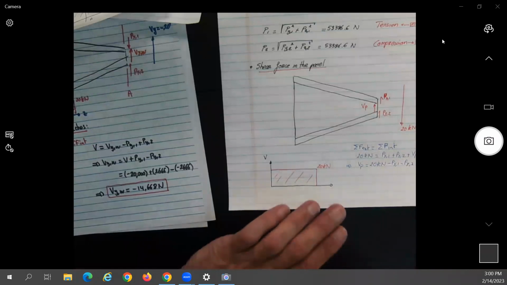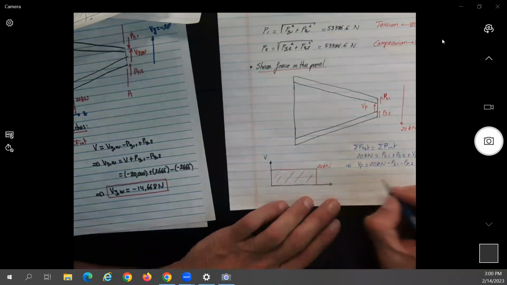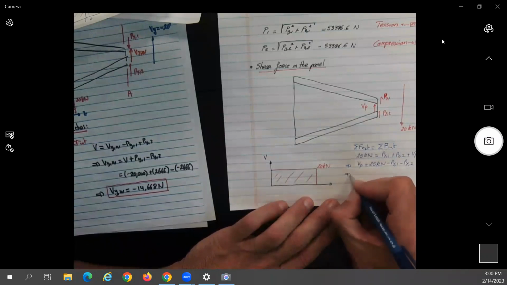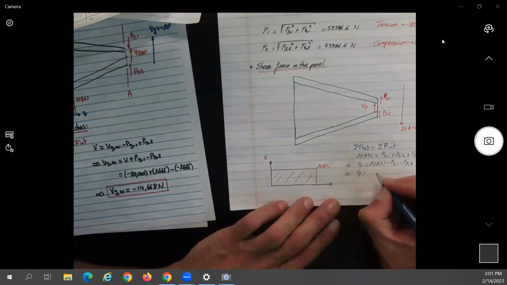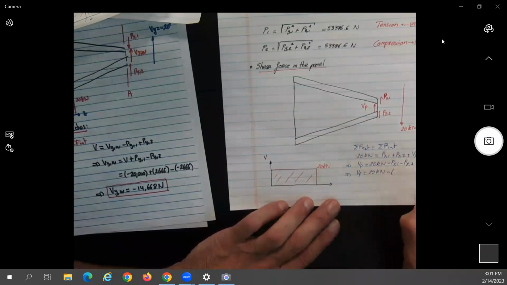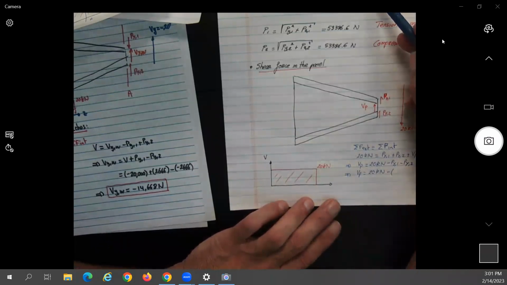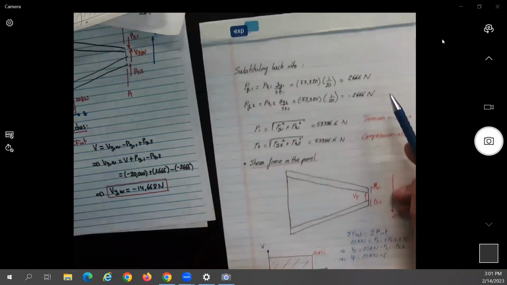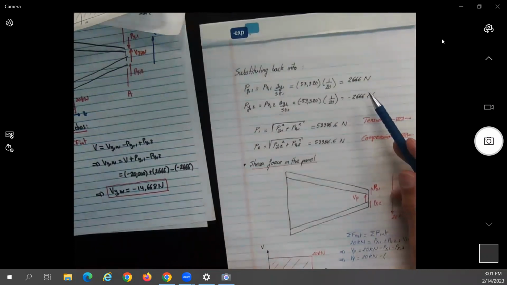Okay, so that's why I don't like to put signs. So now, VP really should be equal to what? 20 kilonewtons minus what? What is P Y sub 1? 2,666, no? Yes?